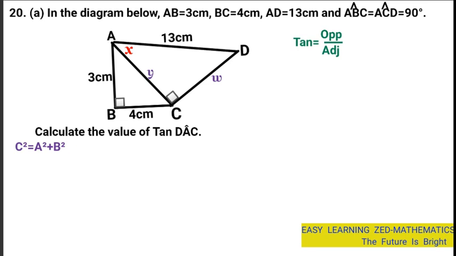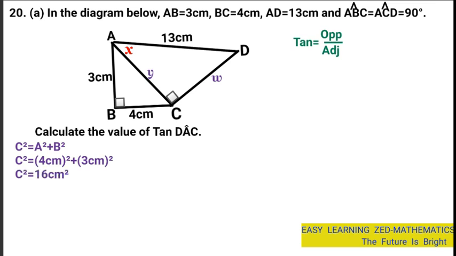So we have c squared equals 4 squared plus 3 squared. I have left out the units, but you can still include them. Then we find the squares of 4 and 3. The square of 4 centimeter is 16 centimeter squared, plus 9 centimeter squared, and 9 is the square of 3.